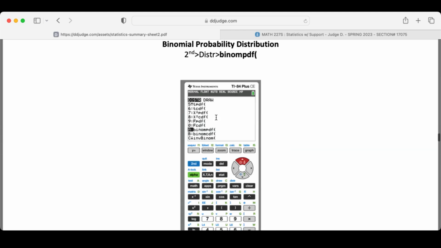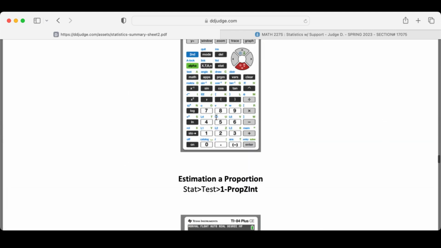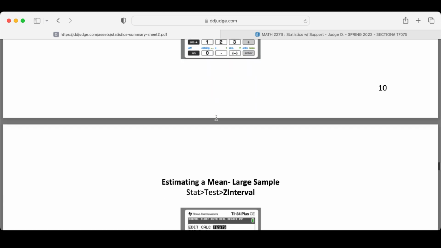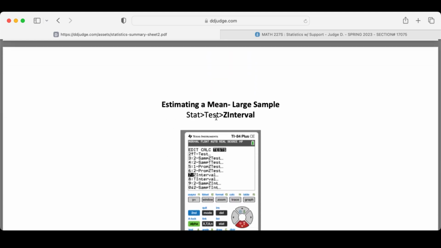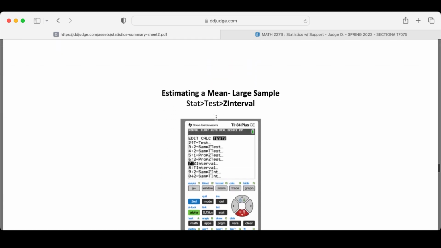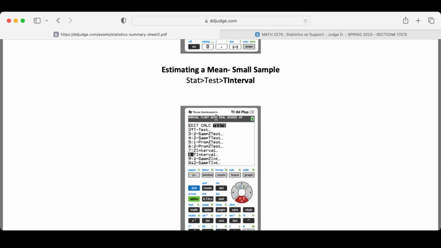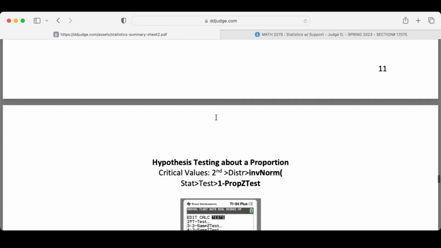So go all the way down to what is this? Oh, here's estimation about a proportion. Here's estimation about a mean, large sample. Estimation about a mean, small sample, t interval, right?